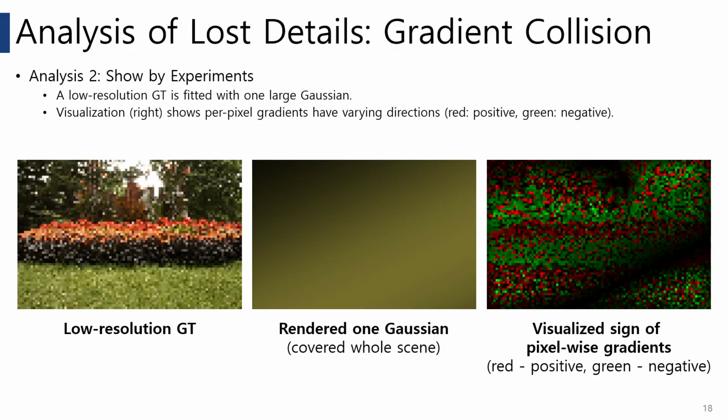Red pixels indicate a positive gradient in a certain direction, while green pixels indicate a negative gradient. As you can see, even for a single Gaussian covering the scene, the per-pixel gradients have widely varying directions, visually confirming the gradient collision phenomenon.